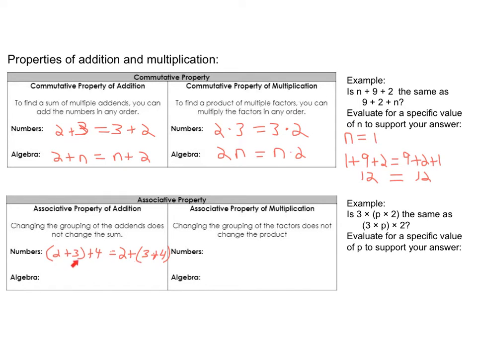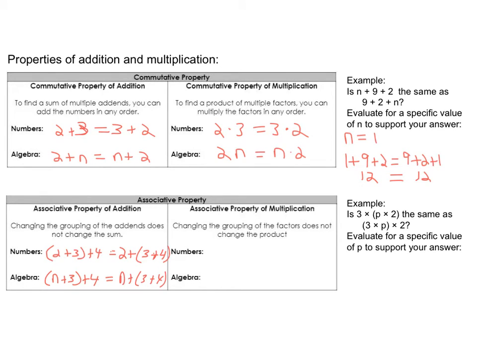Associative property is all about the parentheses. And again, I can also do this with variables. n plus 3 plus 4 is the same as n plus 3 plus 4.